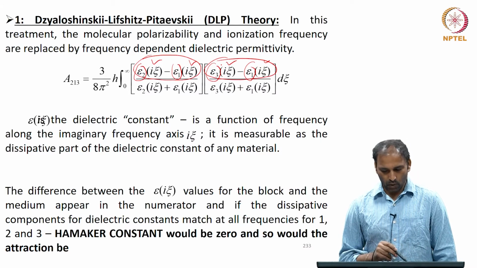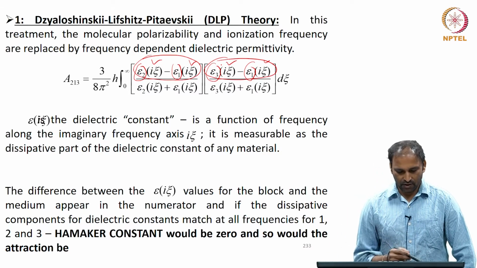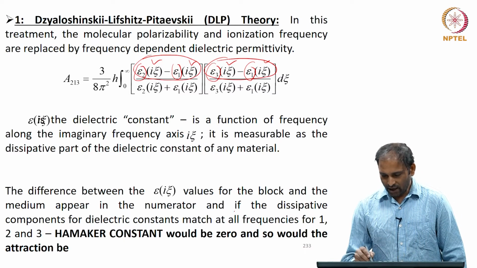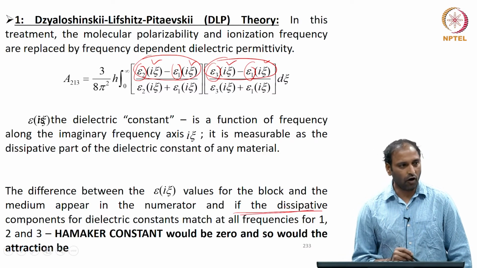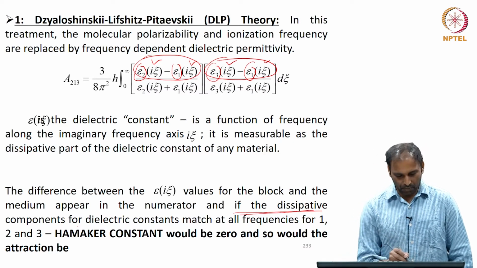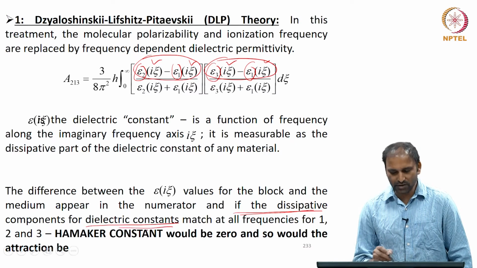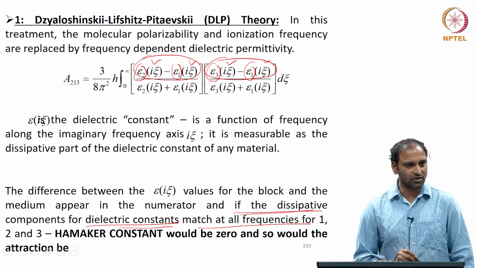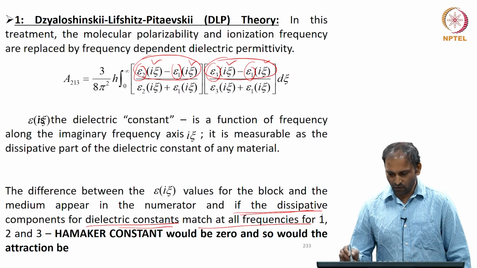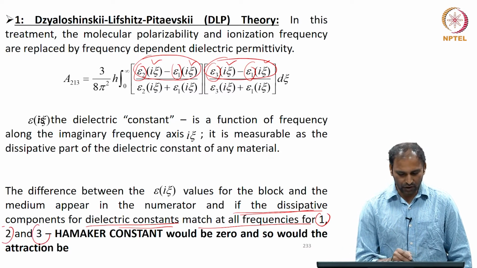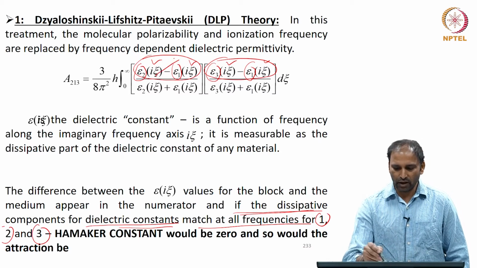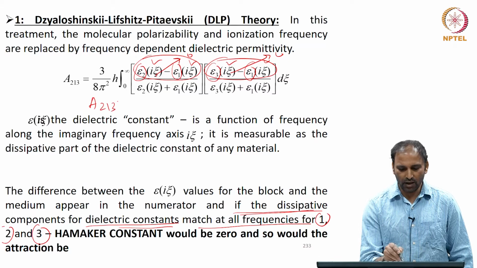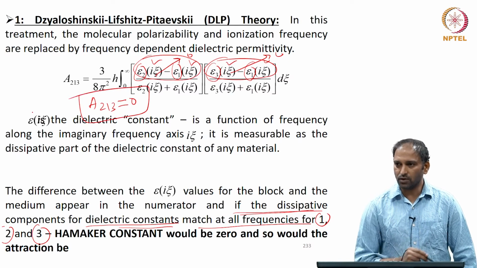Because you have the difference, if the dissipative components of the dielectric constants match for all the frequencies for 1, 2 and 3, then this quantity can be 0. Therefore, your A213 can indeed be 0.